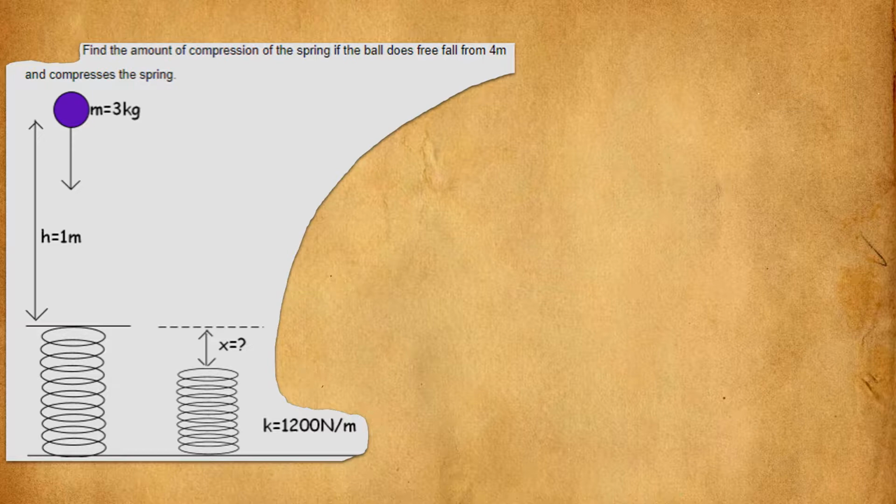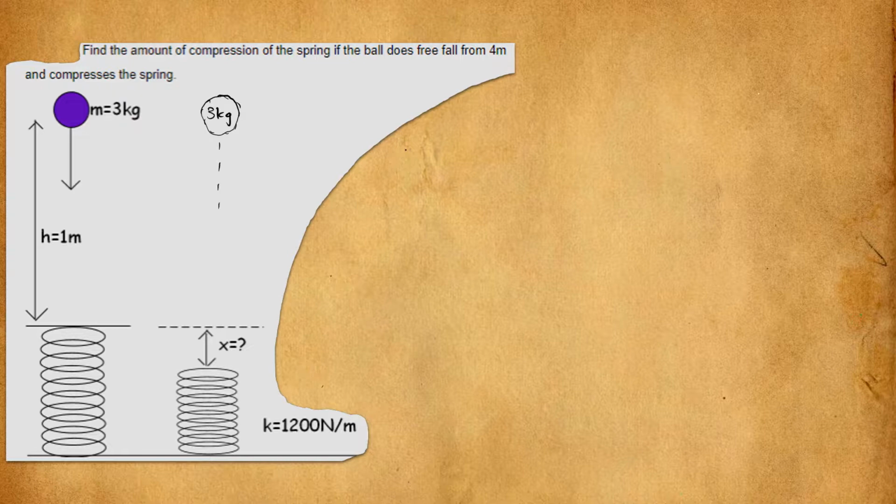Hi, today we're gonna do this question which says find the amount of compression of the spring if the ball does free fall from 4 meter and compresses the spring. So we got a ball right here. I'm gonna draw the same ball. So 3 kilogram.